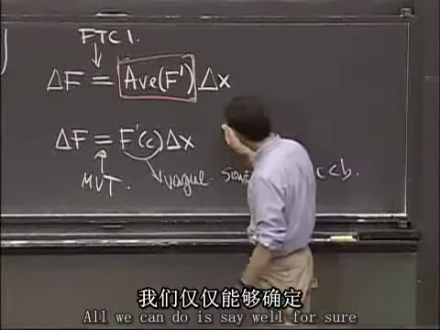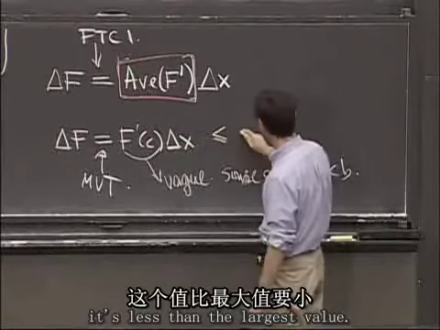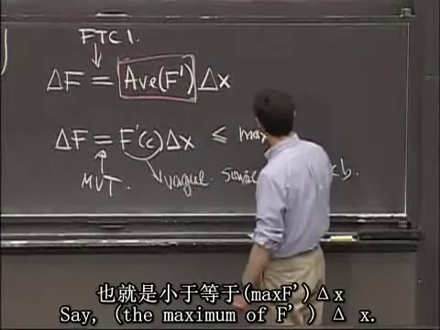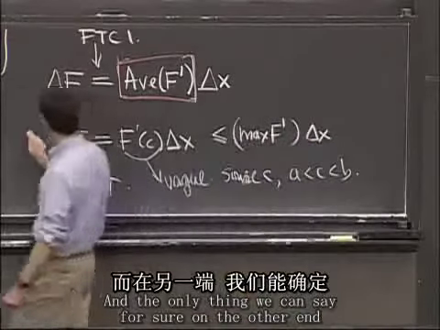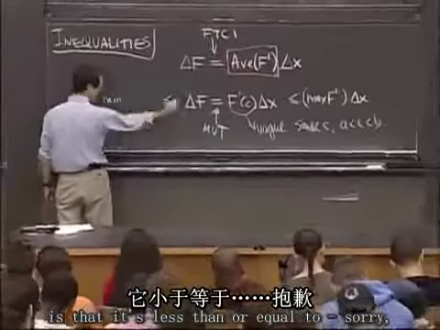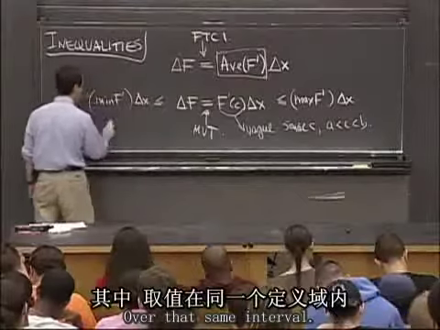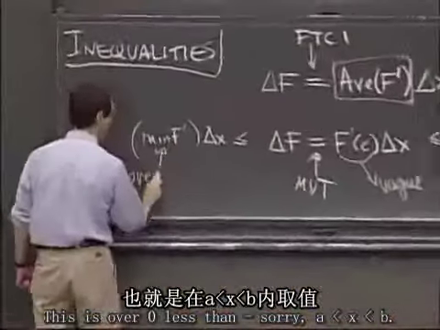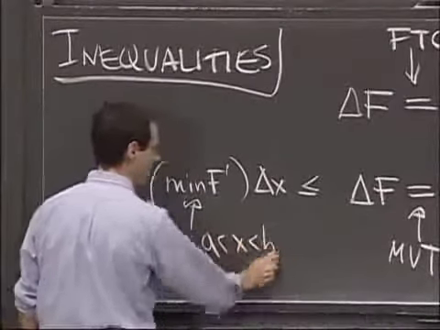All we can do is say, for sure, it's less than the maximum of f prime times delta x, and greater than or equal to the minimum of f prime times delta x, over the same interval, a less than x less than b.